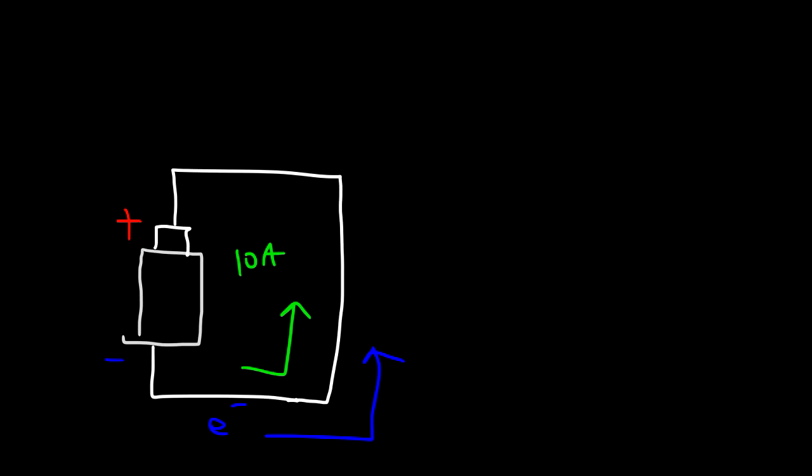So if this battery on its own can produce a current of 10 amps, now let's say you connect it in parallel with another battery, and let's say that these two batteries are identical, and you create a short circuit, you can get a current of 20 amps.